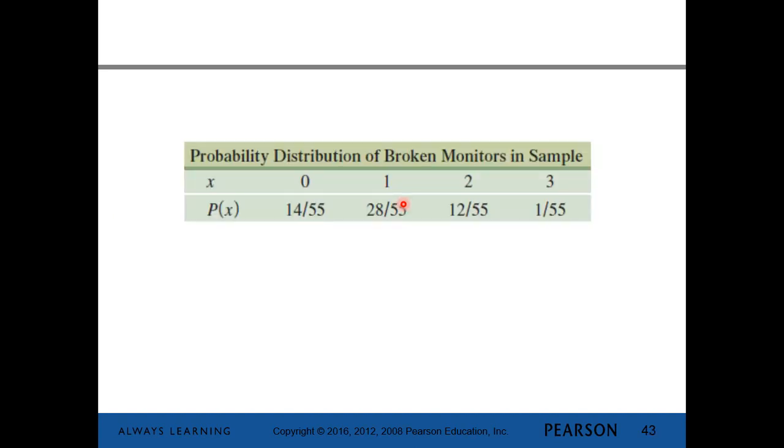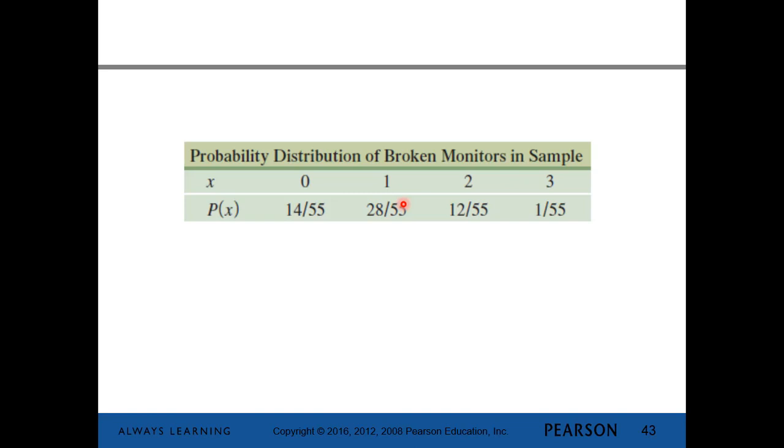Okay, so now a probability distribution is just a table. That's it. It's a table of values where you have the possible outcomes, along with their corresponding probabilities. That is a probability distribution. So this one here is a discrete probability distribution where you have all of the possible outcomes for x.